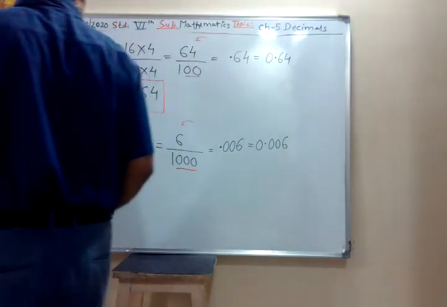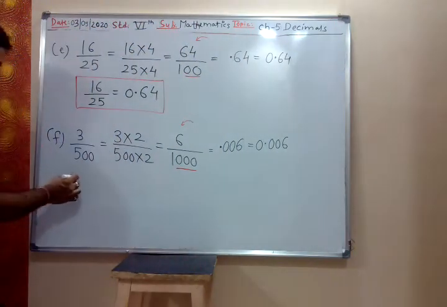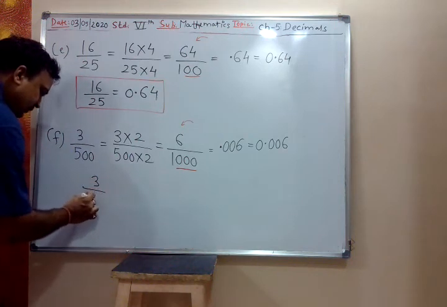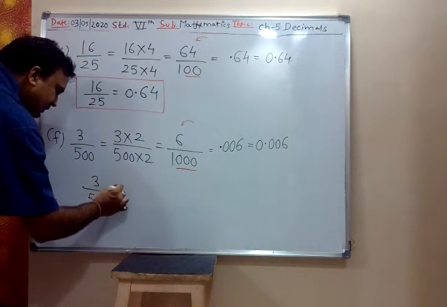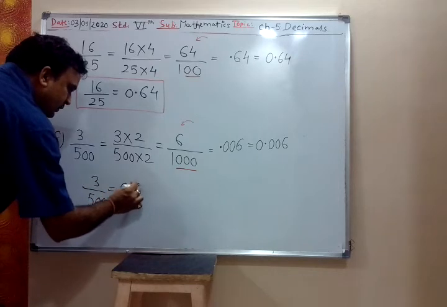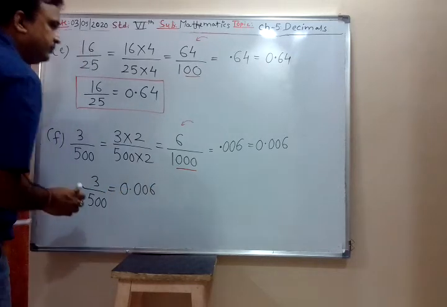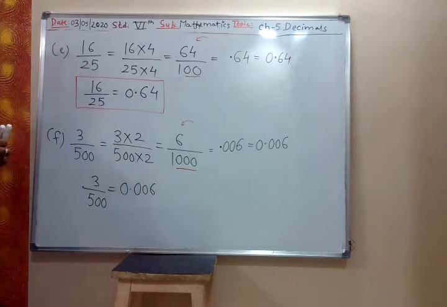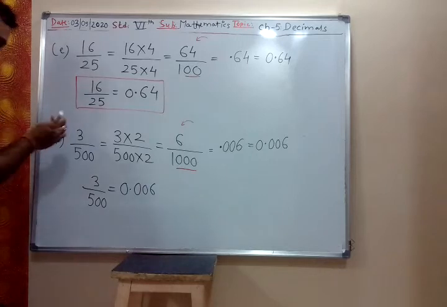So 3 upon 500 is nothing but 0.006. And this is the answer.